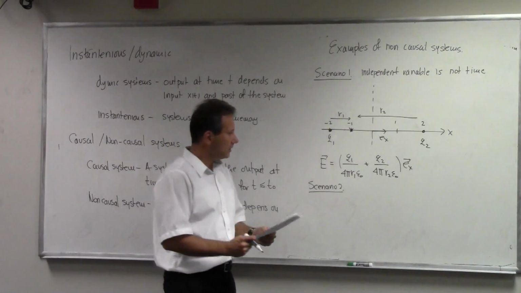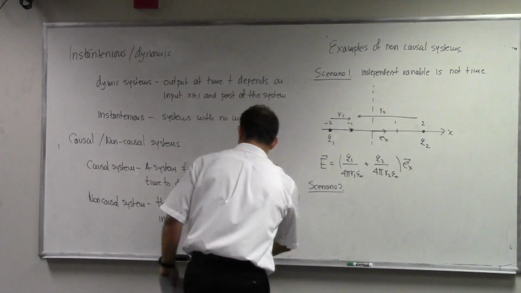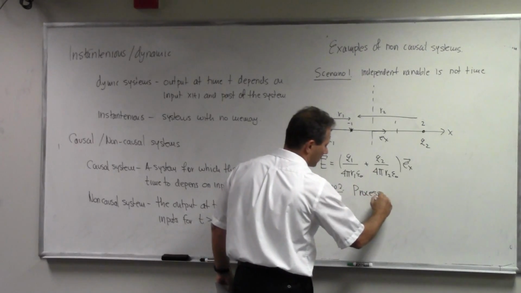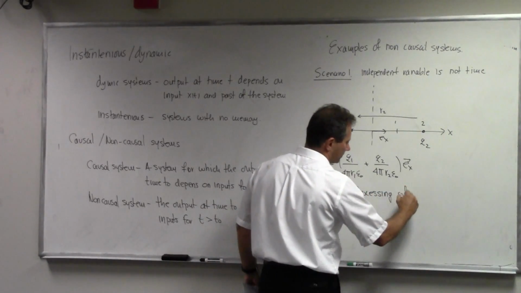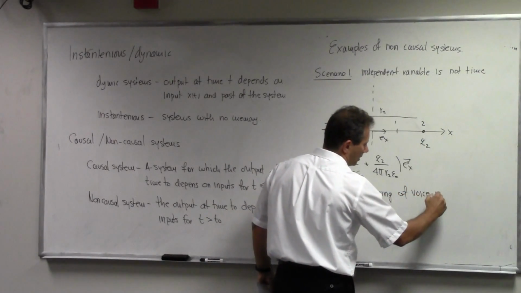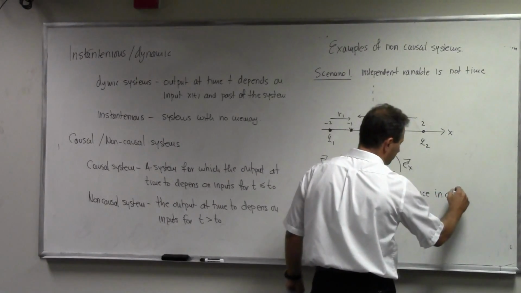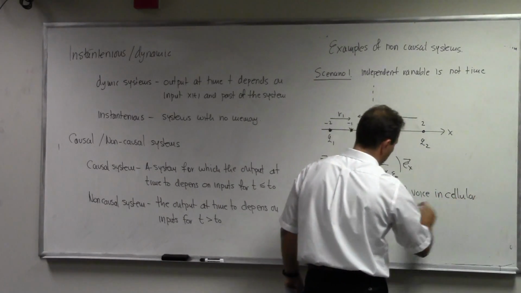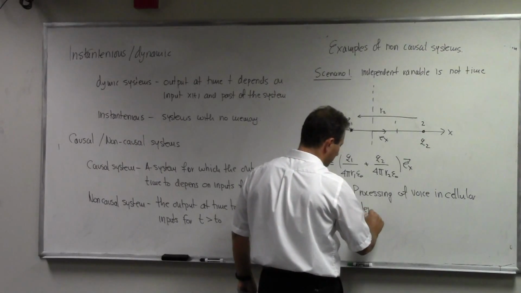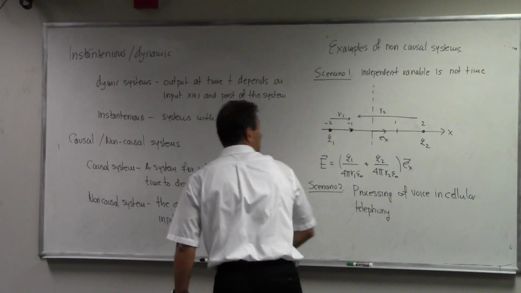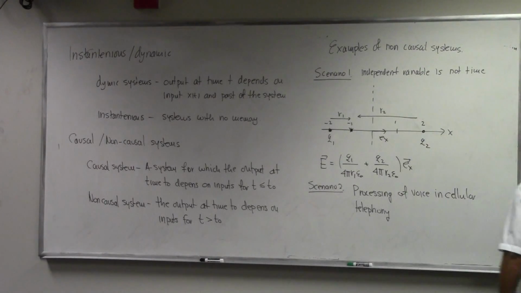So let me look at an example here of processing of voice in cellular telephony, right? And you can see why this is a non-causal system, right? And it's very useful.